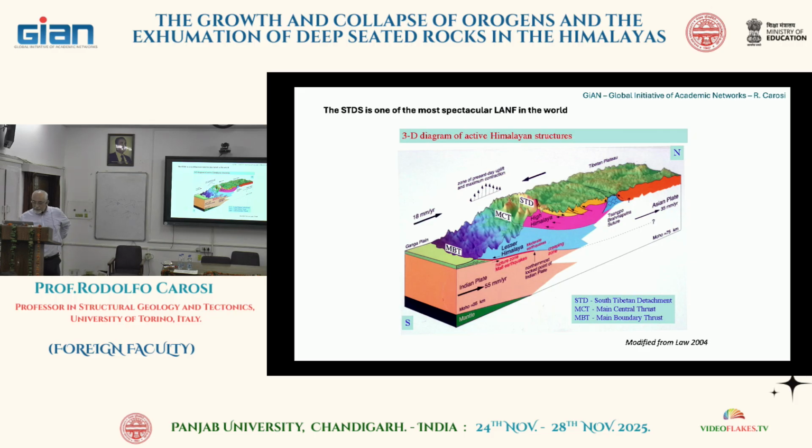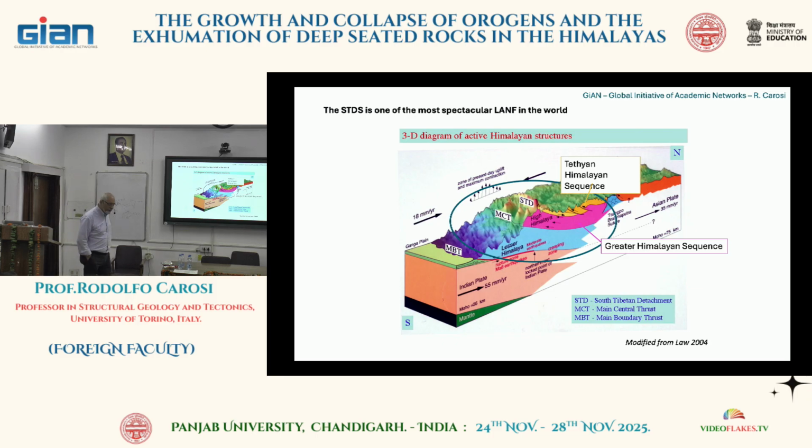So we can face the problem by thinking of something different. Maybe some strain softening mechanism that allows the deformation to go along a flat surface. You can use fluids.